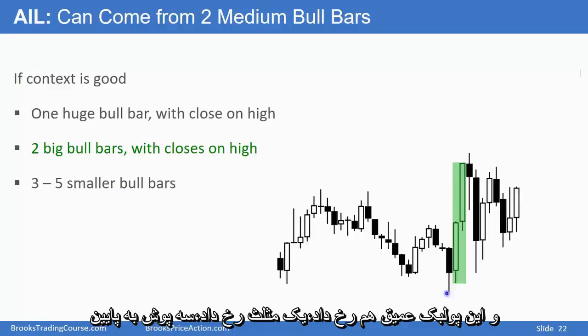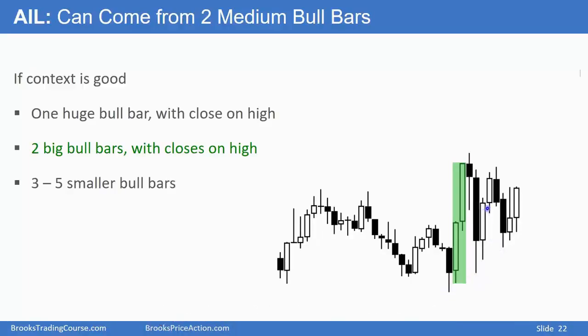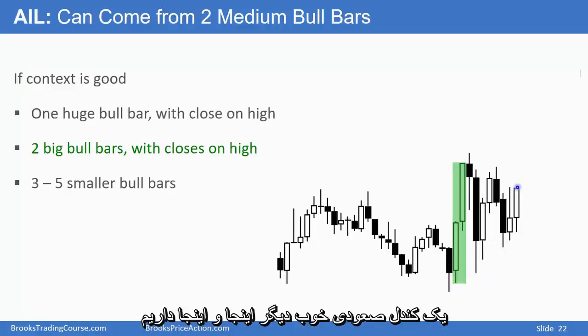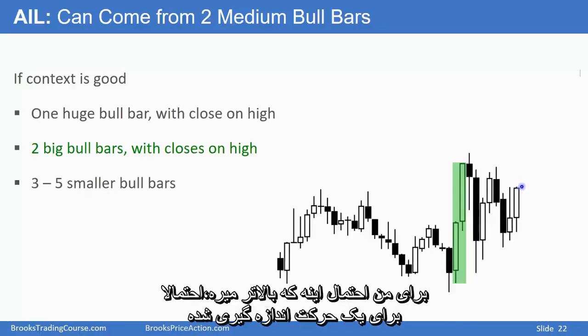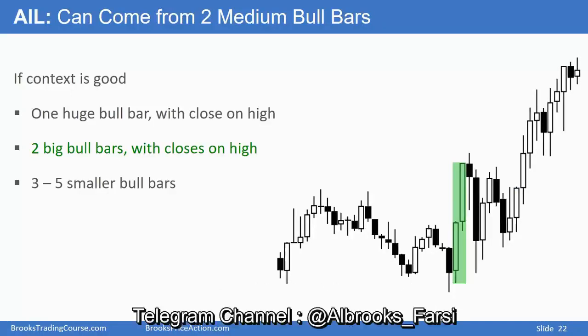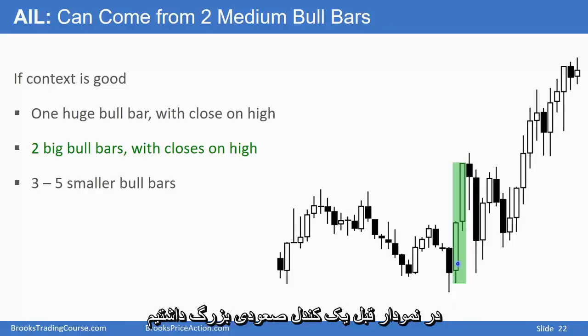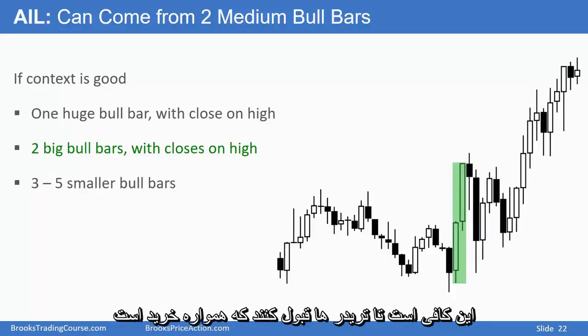Now you got a triangle, 3 pushes down, 1, 2, 3, but you have another good bull bar here and another good bull bar here. To me, the odds are it's going up, probably for a measured move. I showed the last chart with 1 big bull trend bar. Here I got 2 medium bull trend bars, and that was all that was required for traders to believe it's always in long.